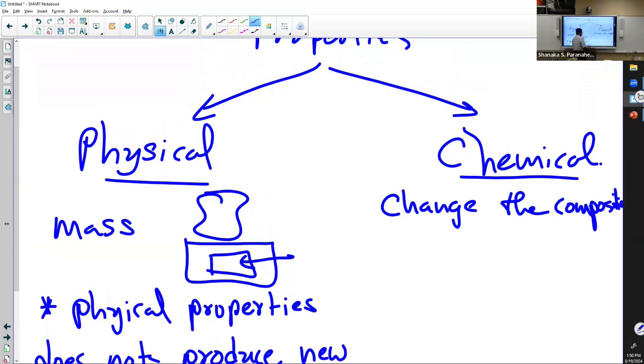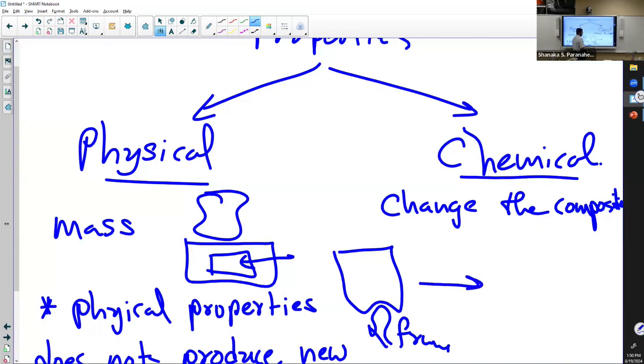As an example, I have a piece of paper. I'm going to burn this using a flame. Once I burn this piece of paper, at the end of the burning, I make a little bit of ash.